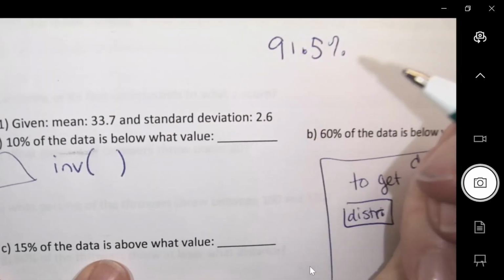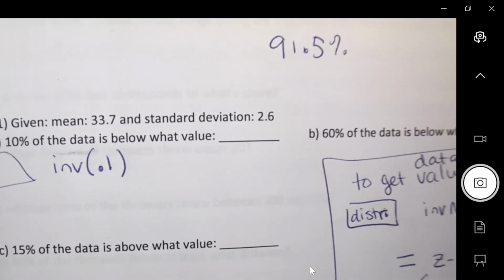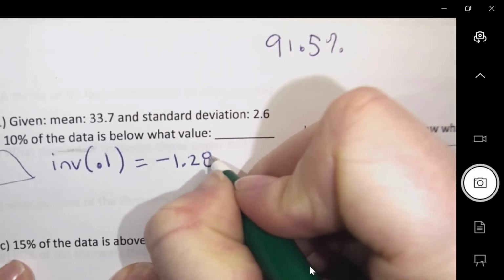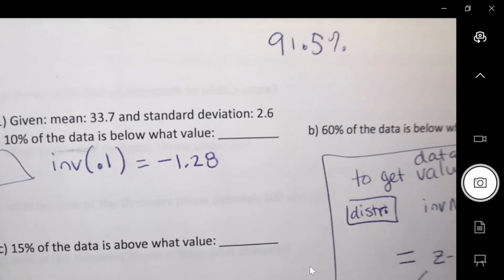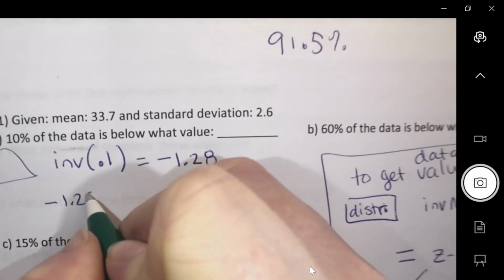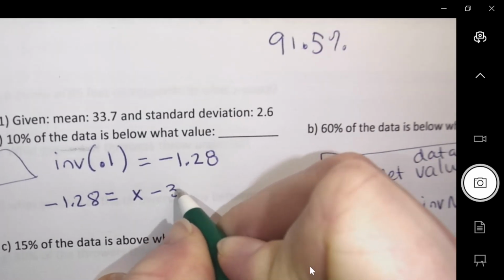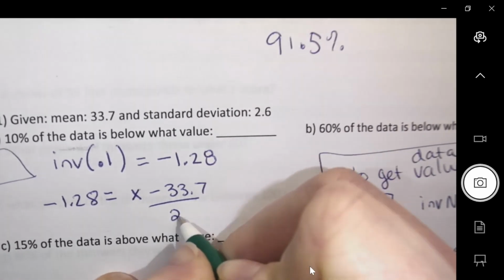What would we type in that? 0.1. Negative 1.28 is the Z-score. So what is my score? It told me the mean and the standard deviation.